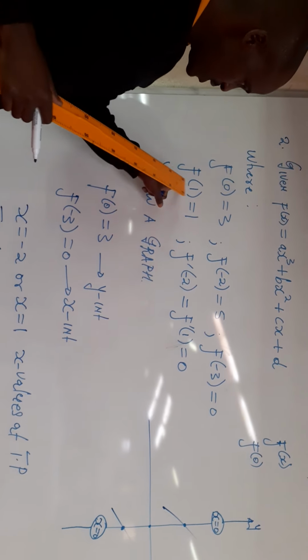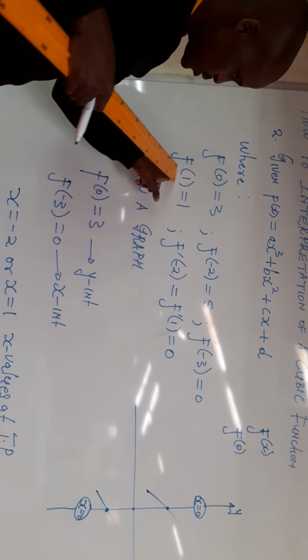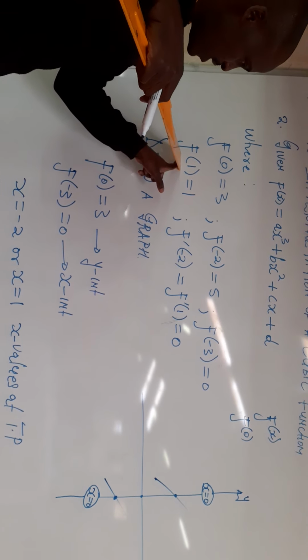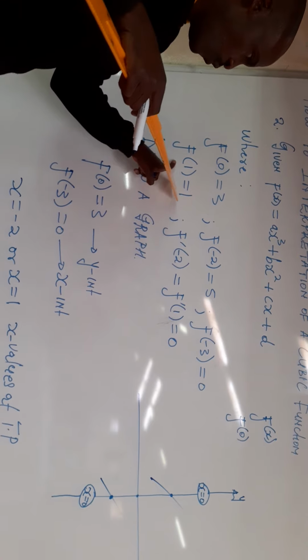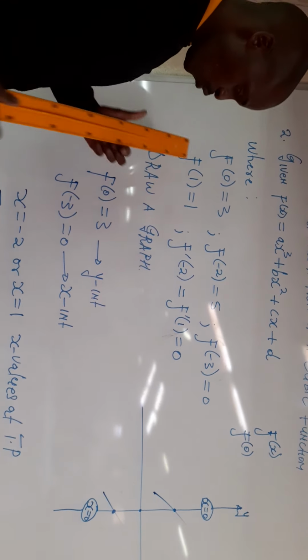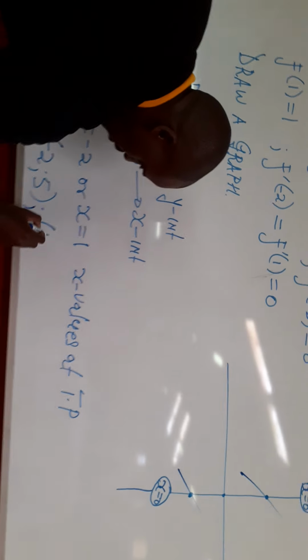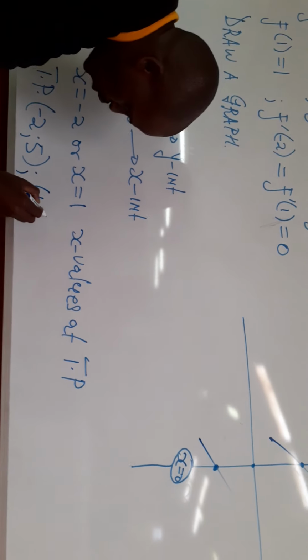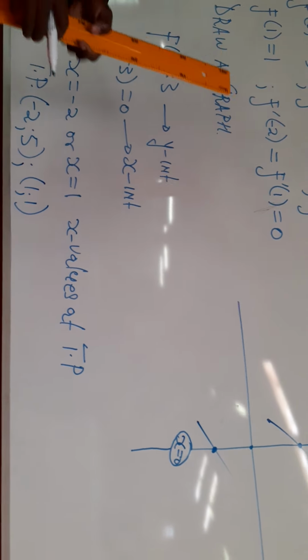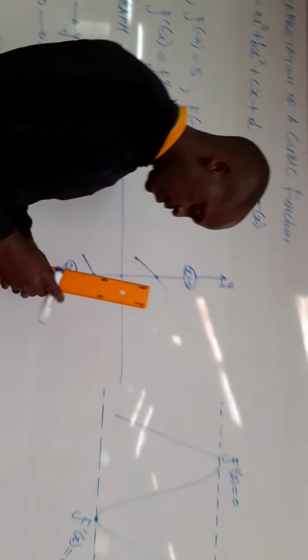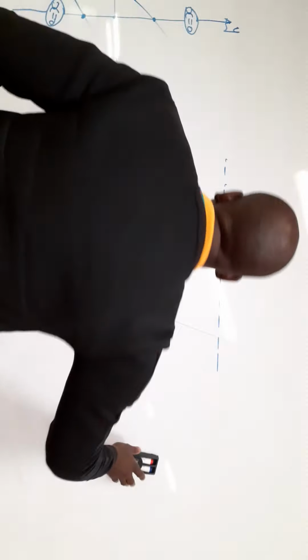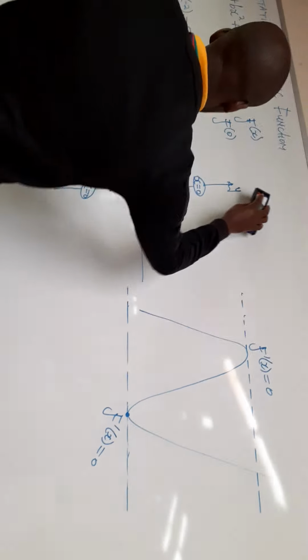This is the original. So which means if x is equal to 1, y also will be equal to 1. So the other turning point, it's 1 is to 1. Let's draw the graph.